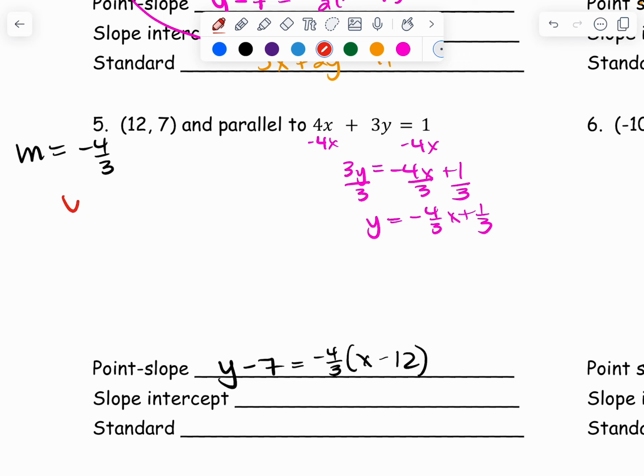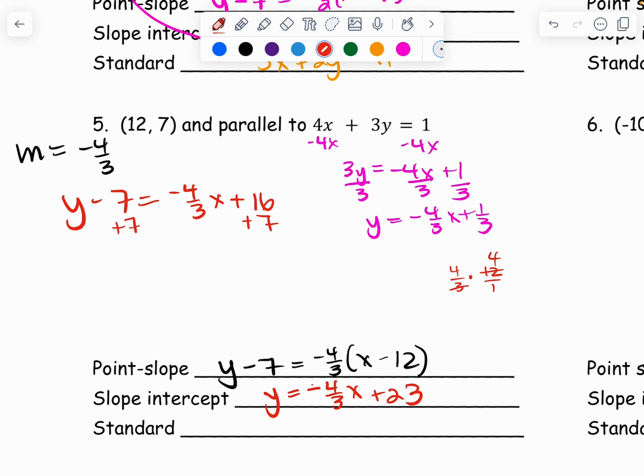Okay, multiply that through. y minus 7 equals negative 4/3 x and 4/3 times 12. That goes in, that would be 4, so that's plus 16. Add 7 to both sides and get y equals negative 4/3 x plus 23.